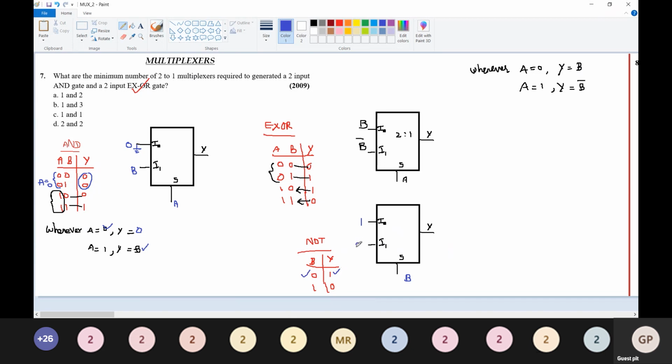When B is equal to 1, it should be equal to 0. So this is the NOT gate. So this is the B dash, and now you will get the B dash output, which is connected to the first mux.